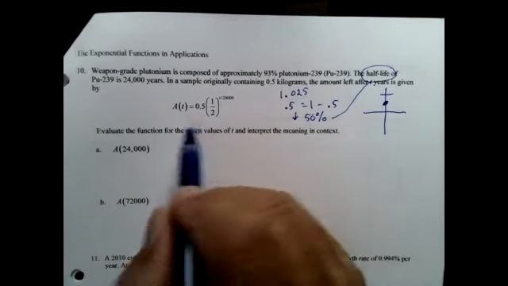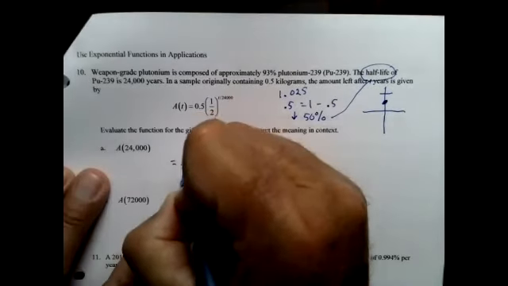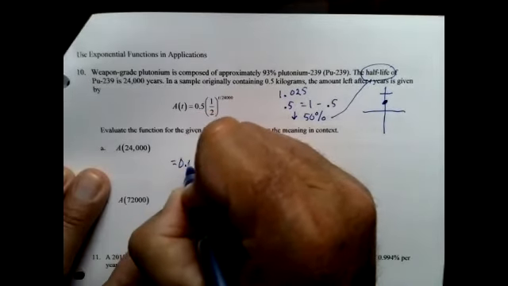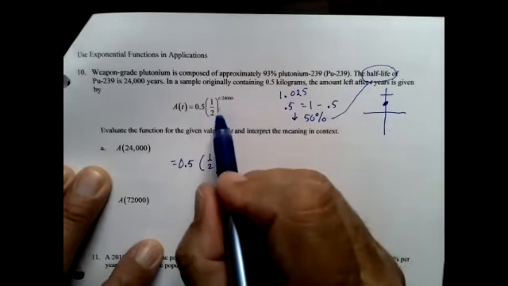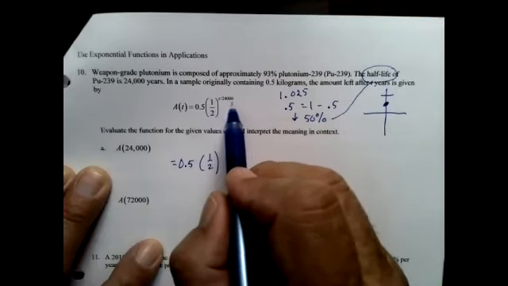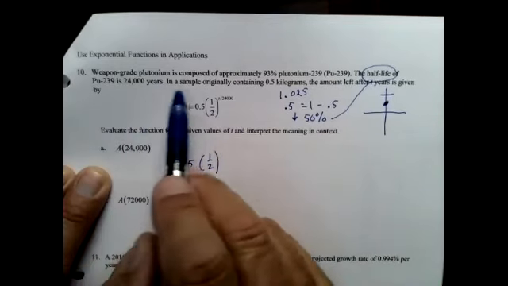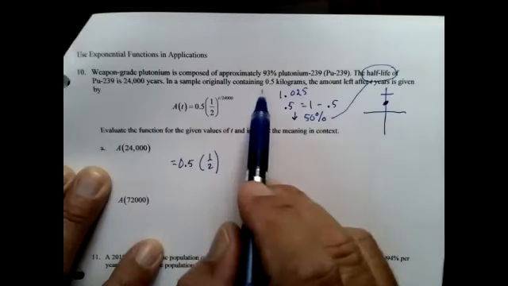And I'm given a formula. A sub T equals 0.5 times 1/2 to the T over that. You notice how I'm dividing by 24,000. The amount of weapons grade plutonium left after T years is given by that.